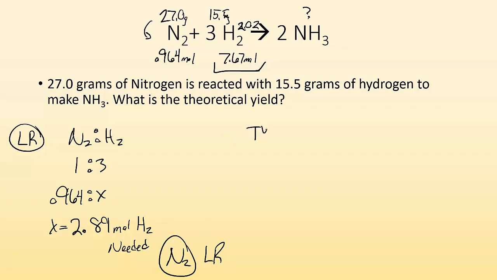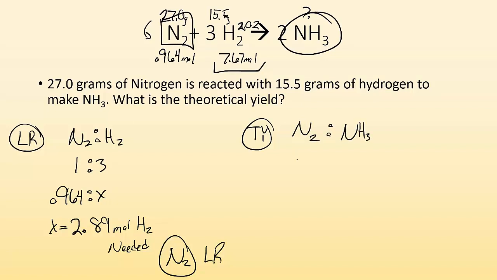So what is my theoretical yield going to be? I have to look at the mole ratio between my limiting reactant and my thing of interest. My N2 to NH3 ratio is a 1 to 2 ratio, and I have to use the quantity of N2, my limiting reactant. So 0.964 moles is to how many moles of NH3.